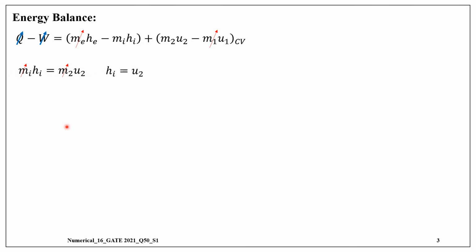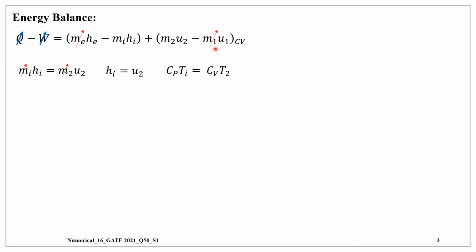What is this Hi and U2? Hi can be written as C suffix P multiplied by T suffix I. U2 is C suffix V multiplied by T2. That is, enthalpy is equal to specific heat multiplied by the temperature, and internal energy is equal to specific heat at constant volume multiplied by temperature.